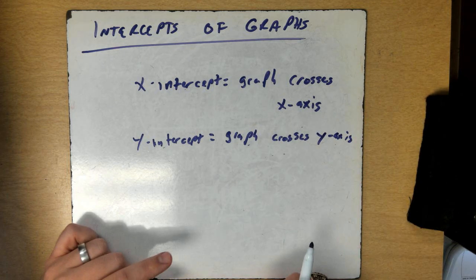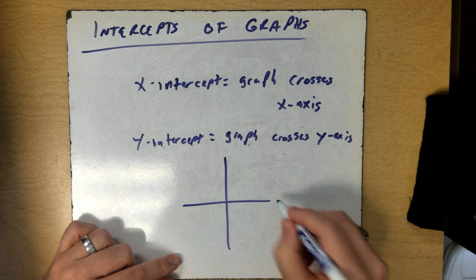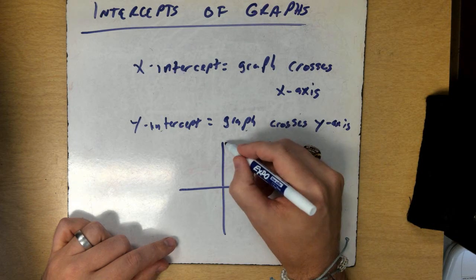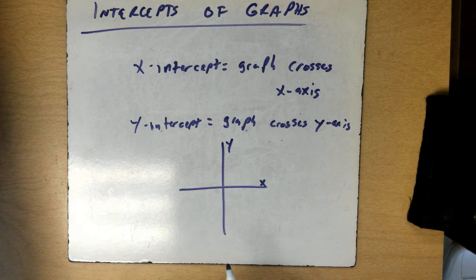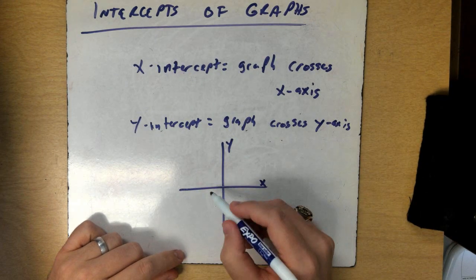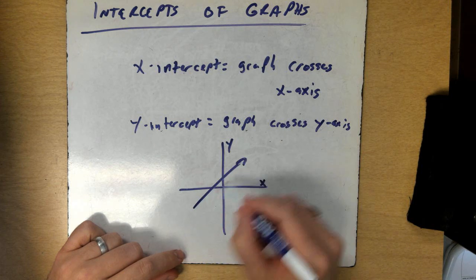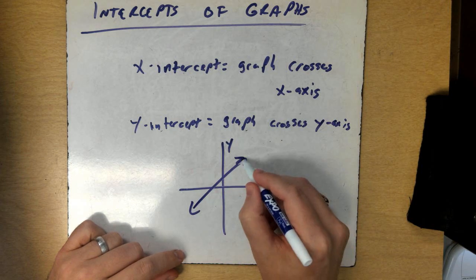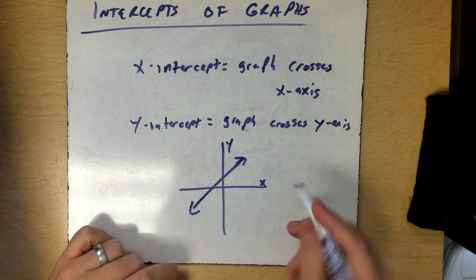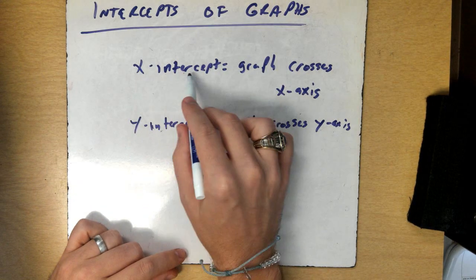Pretty self-explanatory, right? So if I draw it here, we know that our x-axis is the horizontal line and our y-axis is our vertical line. If our graph, let's just draw a line, our x-intercept is where it crosses the x-axis.